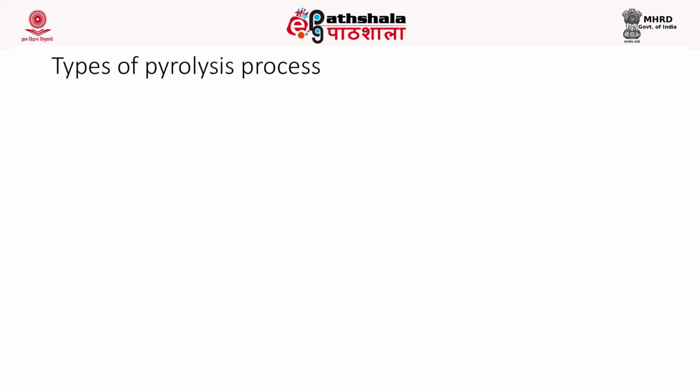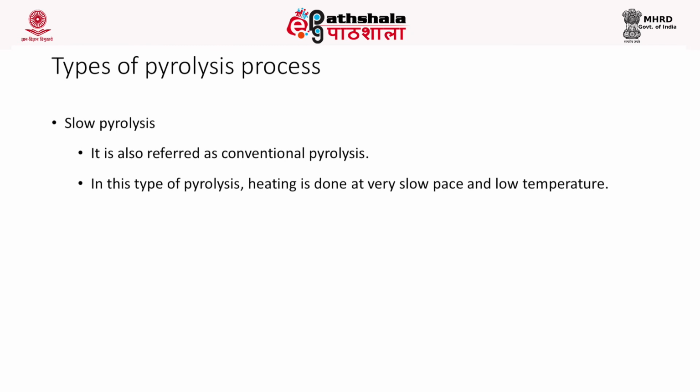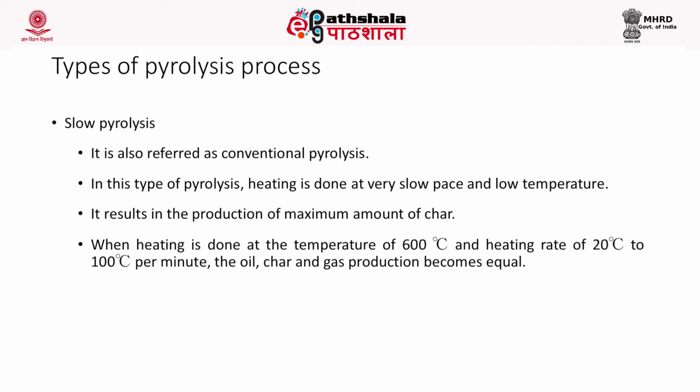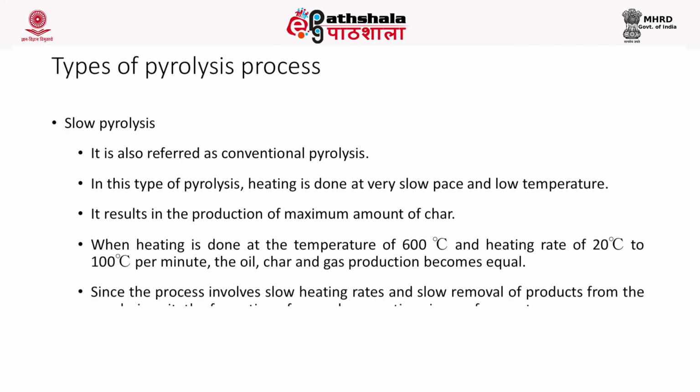Now, let's discuss the different types of pyrolysis units or reactors which are used for the pyrolysis process. One is your slow pyrolysis, then comes your flash or fast pyrolysis, then vacuum pyrolysis. Now, slow pyrolysis is also referred to as conventional pyrolysis, and in this type, the heating is done at a very slow pace at low temperature.